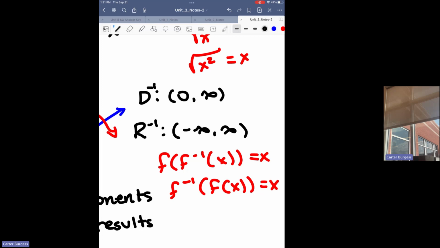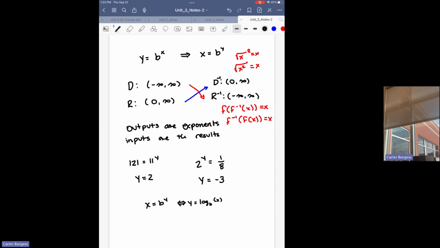So I can only plug positive numbers into my logarithms for them to spit out some kind of exponent. If I plug a negative in, it just doesn't make sense. I can't take a positive base, raise it to a power, and get a negative unless we're using imaginary or complex exponents, which for now we are not. And in fact, we might not ever. We might look at it at the very end. It'll make a lot more sense if we actually do look at it.